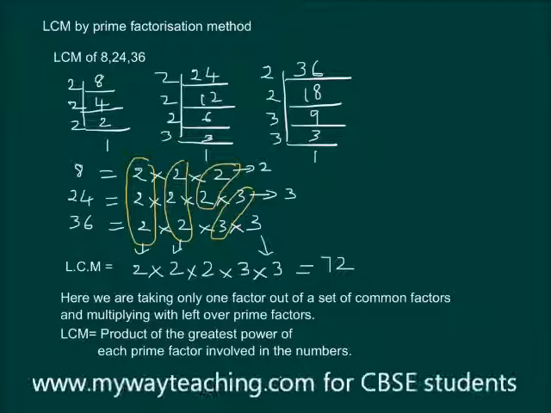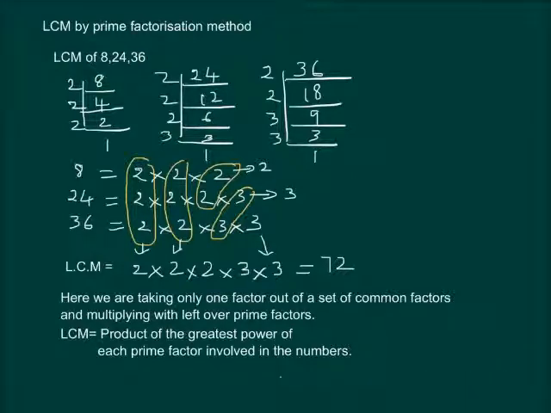Alternatively, we can say that LCM is the product of the greatest power of each prime factor involved in the numbers. Let us see how it works. We can write 8 as 2 cube, 24 as 2 cube into 3 power 1 and 36 as 2 square into 3 square. Now the prime factors involved in these three numbers are 2 and 3.